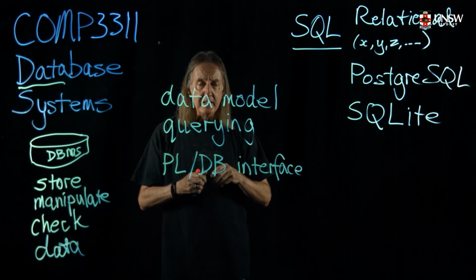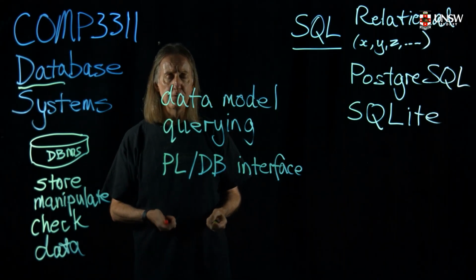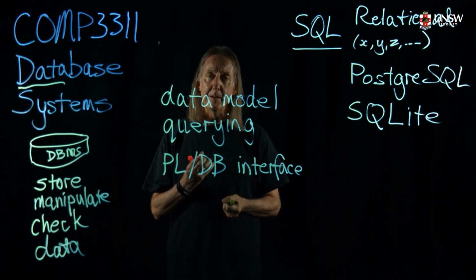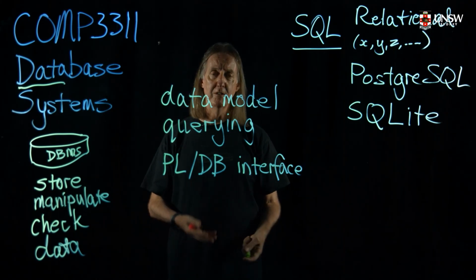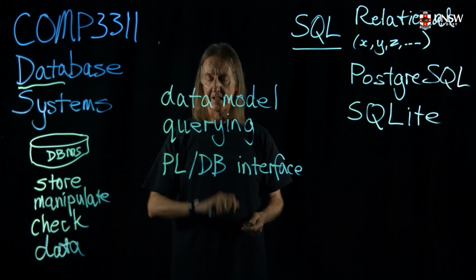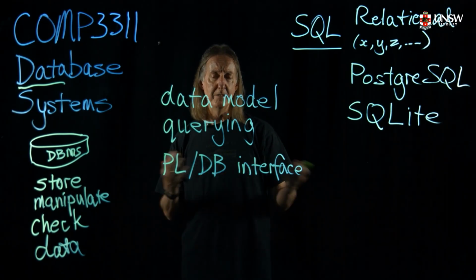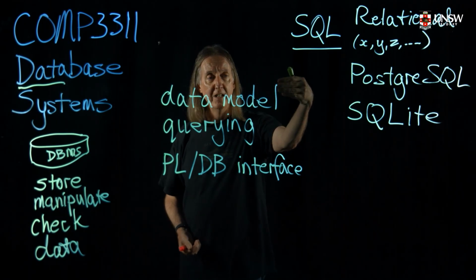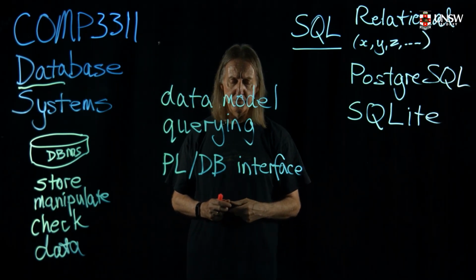So SQL is nice, but it's not a complete solution in itself. It needs to be wrapped in an application programming language like Python or PHP or Java or even C. And so there has to be some kind of interaction between the database and the programming language, and I'll talk about that in another video. In fact, I'll be talking about all of these topics in more detail in other videos.